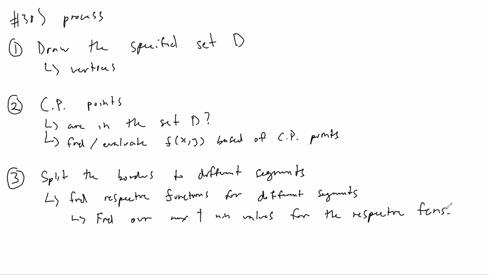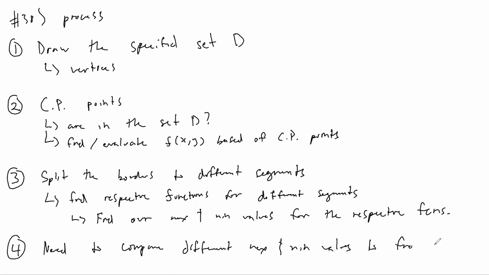So we found each respective max and min value from all the different borders or segments of the borders. And then finally, the last step you need to take is to compare the different max and min values to find the absolute max or min.